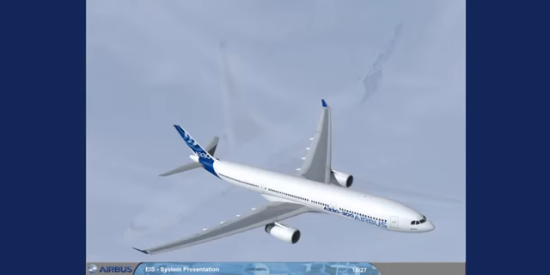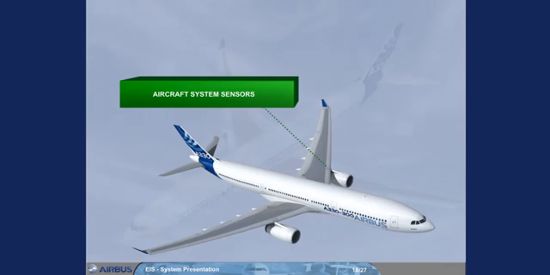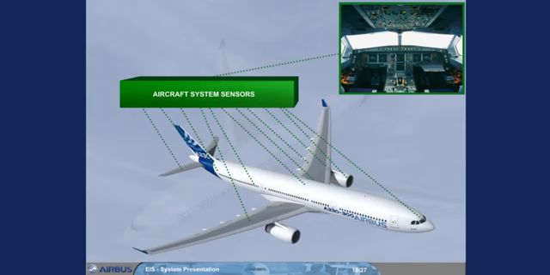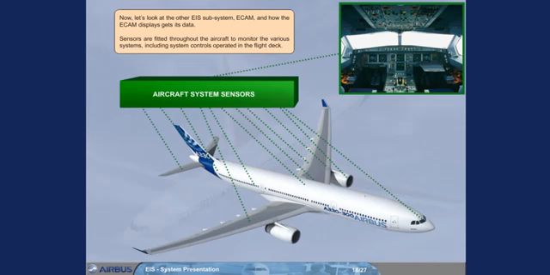Now, let's look at the other EIS subsystem, ECAM, and how the ECAM displays get their data. Sensors are fitted throughout the aircraft to monitor the various systems, including system controls operated in the flight deck.